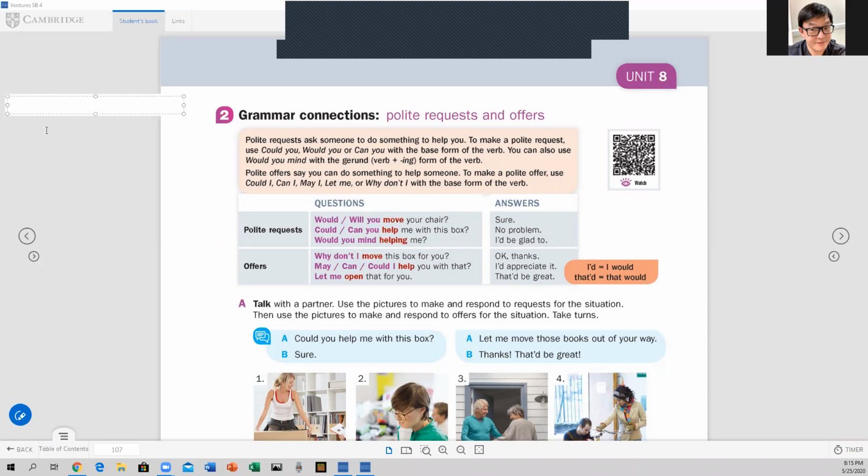Basically, when we were talking about request, okay? When you are asking somebody, we've learned 3 things.